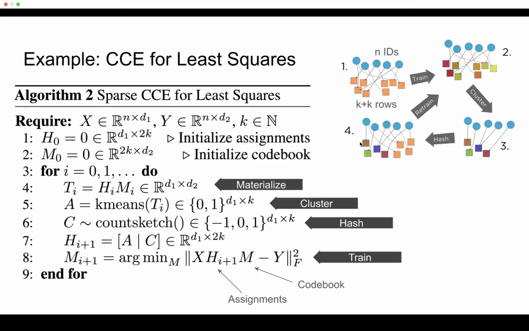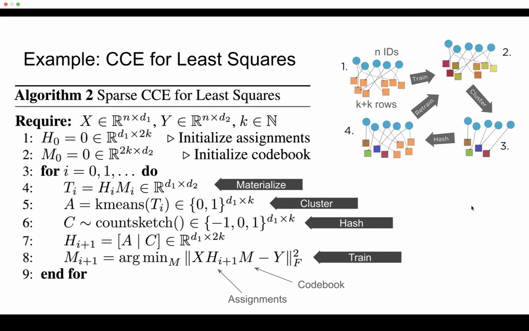That's step 4. And then in line 8 we do the retraining where we solve a least square problem. Basically here we can just use a normal least square solver, because we can multiply together the XH part, and then we have a very small least square problem to solve. We find the best codebook, and we can reiterate.